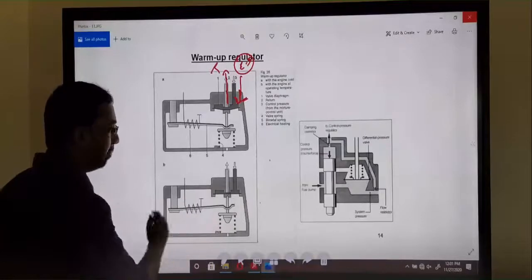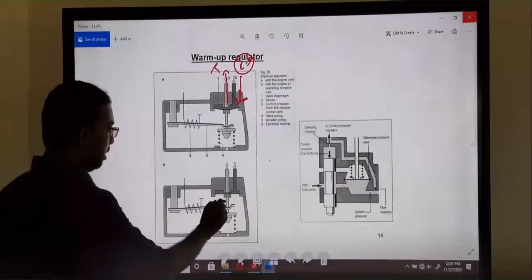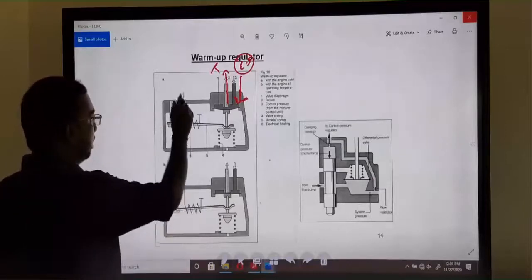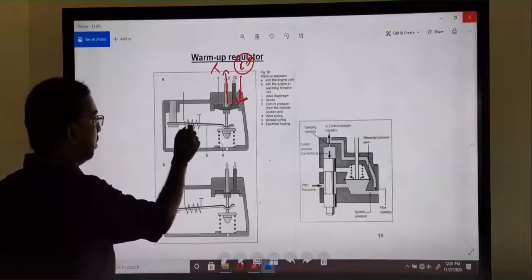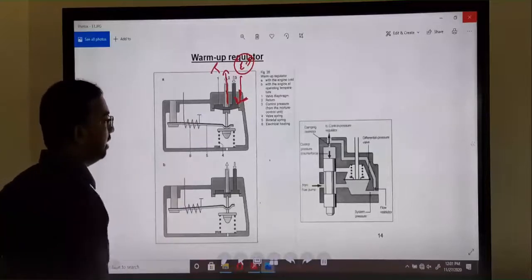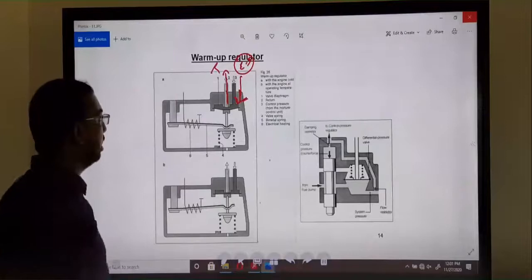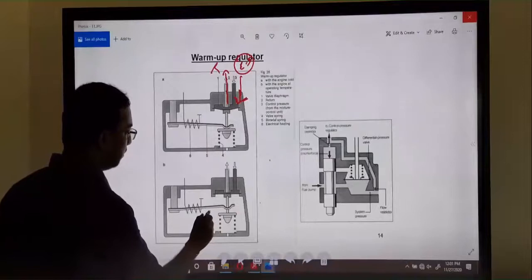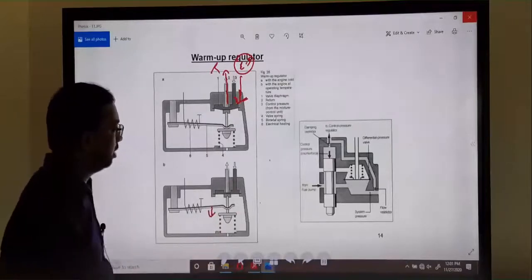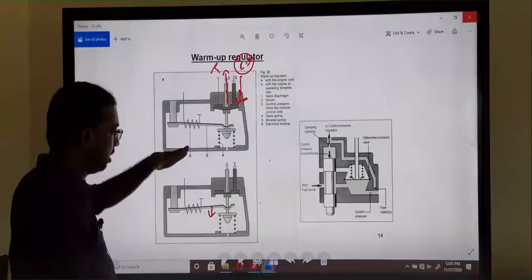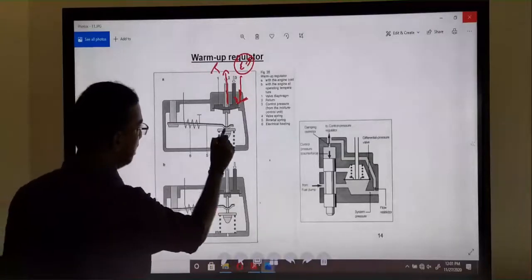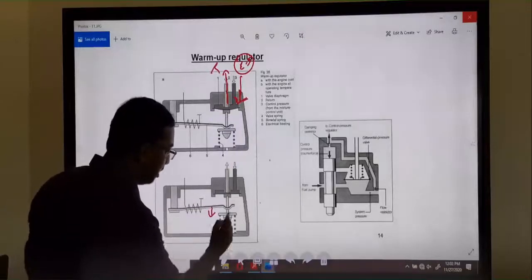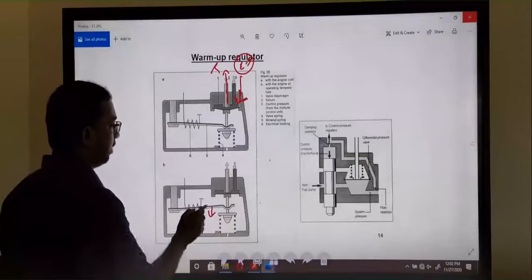When the temperature condition changes and pressure is increased, this is electrically controlled, so this bimetal is heated electronically. The bimetal moves, bends like this, then touches this valve. Here is the return spring. So this is a normal condition.